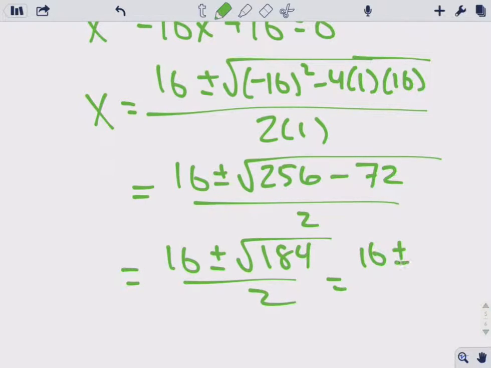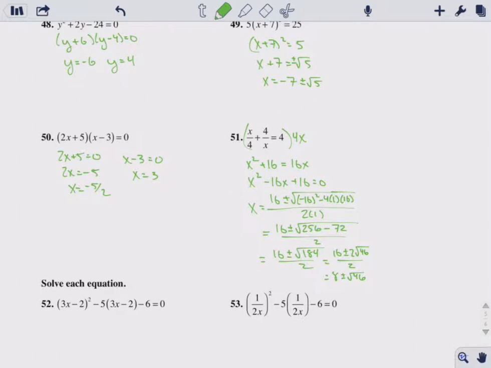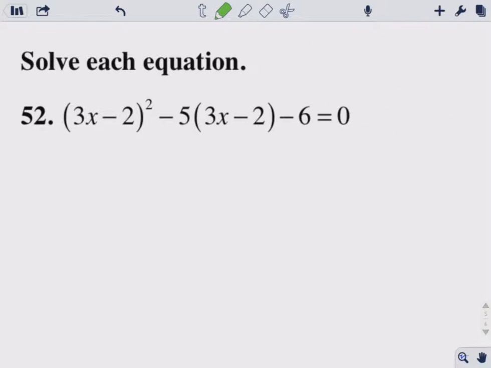So that's 16 plus or minus 2 square root of 46 over 2. And so I get 8 plus or minus the square root of 46. Okay, that's solved.